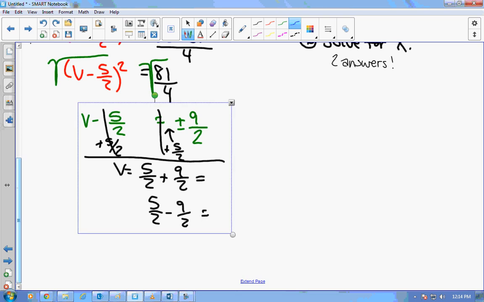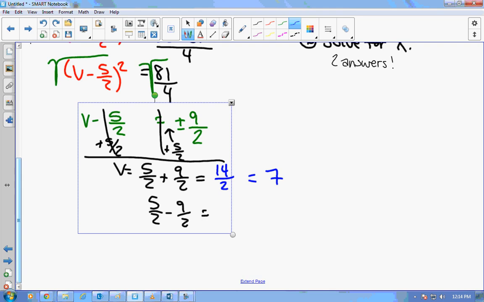Gerardo, what's our 5 plus 9 going to be? What's 5 plus 9? 14. Gerardo, do you know what 14 over 2 is? 14 divided by 2? 7. Look how lovely that number is. What's 5 minus 9?